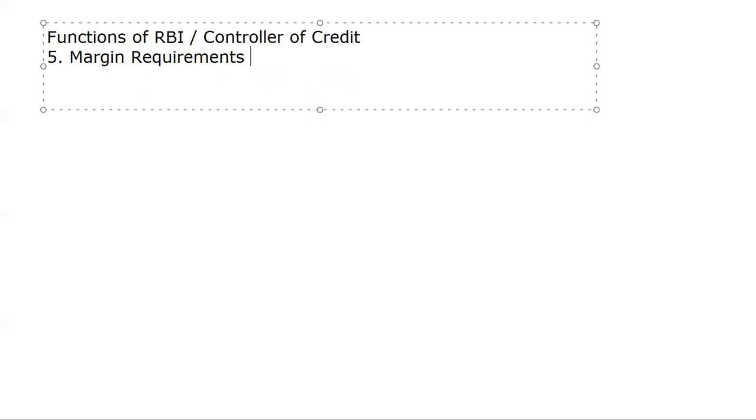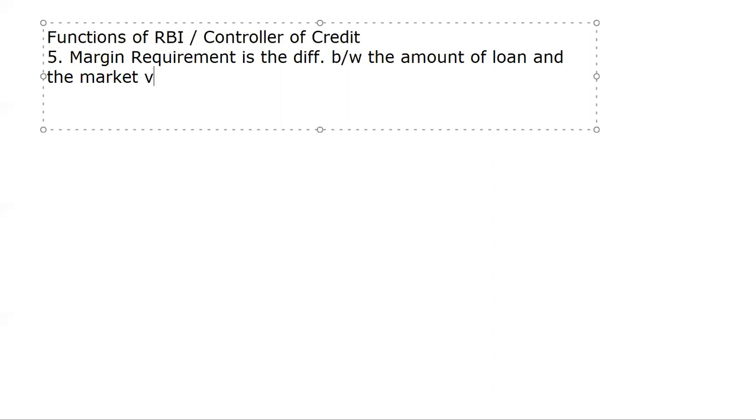So margin requirement is the difference, in short I'm writing it DIFF, between the amount of the loan and the market value of the securities offered by the borrower against the loan.